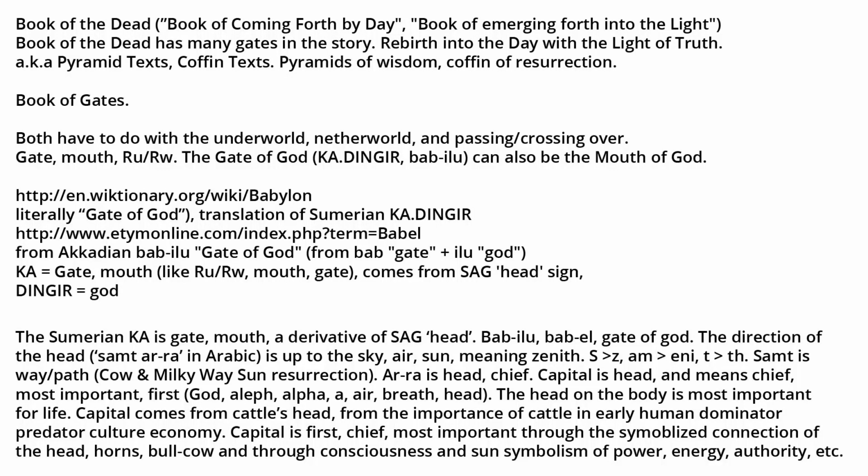That mouth, the womb of God, the gate of God is that top part of the Ankh, which is the air symbolism, which is higher consciousness reaching towards truth. That's the way out of the netherworld and the underworld, out of the dead, the coffin, the tomb, to rebirth ourselves into coming into the day, into the light of the day. So the gate of God, Ka Dingir, Bab Ilu, can also be mouth of God.